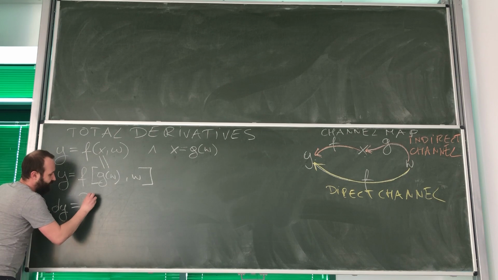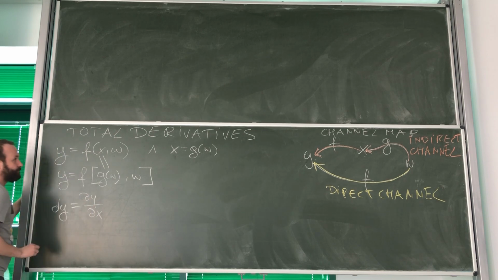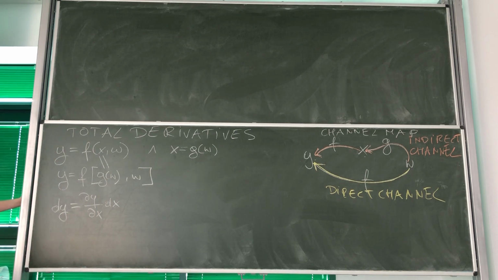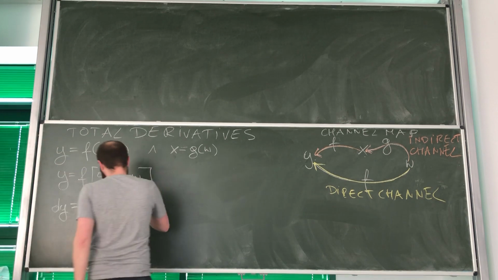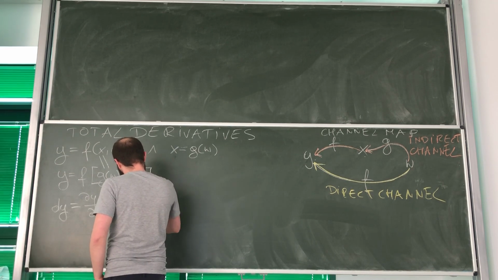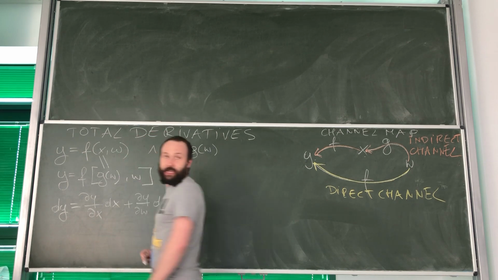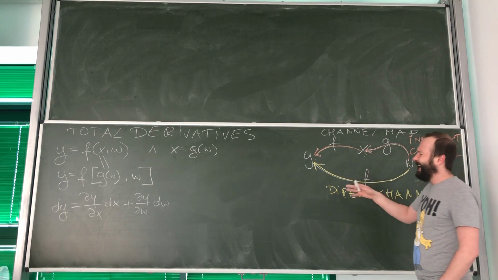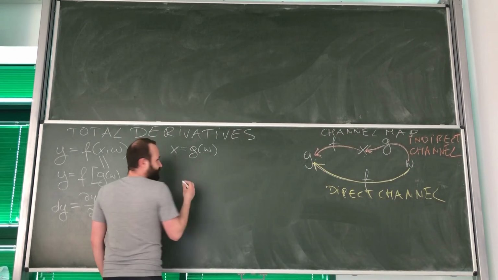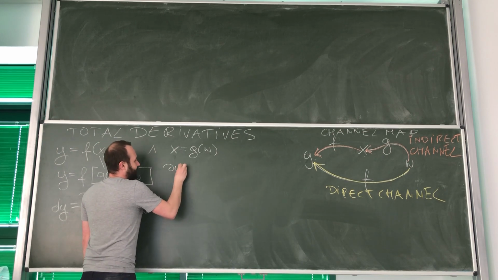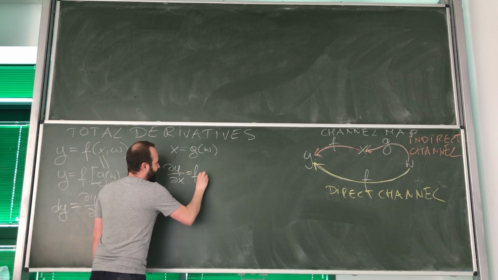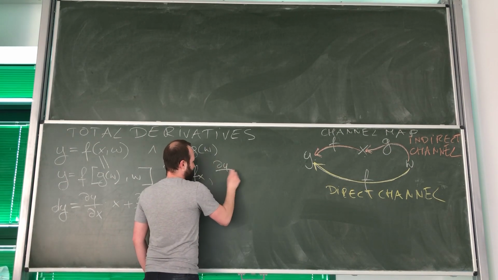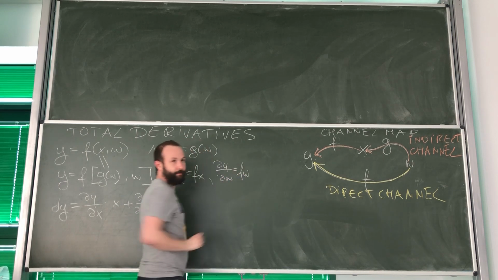So, the partial derivative of y with respect to x times dx plus the partial derivative of y with respect to w times dw. Okay, let's introduce some shorthands because those formulas can get very long. So let's just say that dy/dx, we're going to call fx. Right? dy/dw, we're going to call fw.